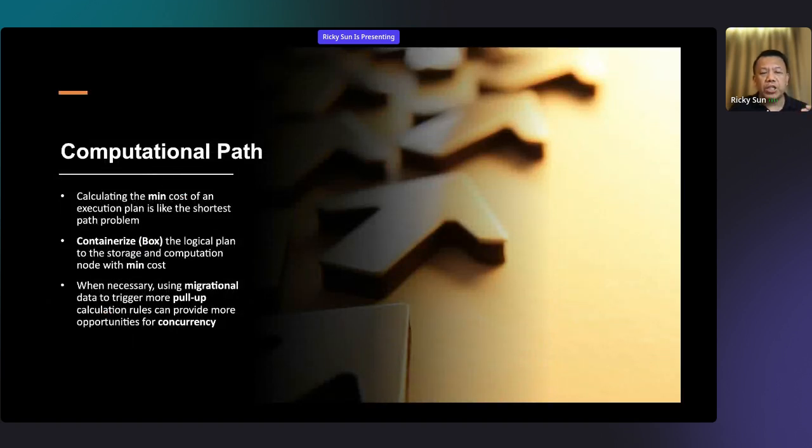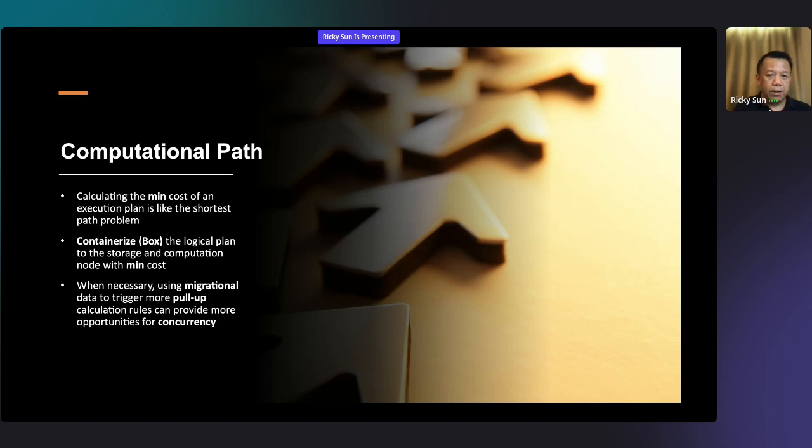For computational path, for all the path queries, which is unique to the graph database, the task is calculating the minimum cost of an execution plan. This is very much like finding the weighted shortest path problem, but we are doing this across large distributed clusters with many instances or work nodes, and how you can containerize the logical plan to the storage and computing nodes with minimum cost.